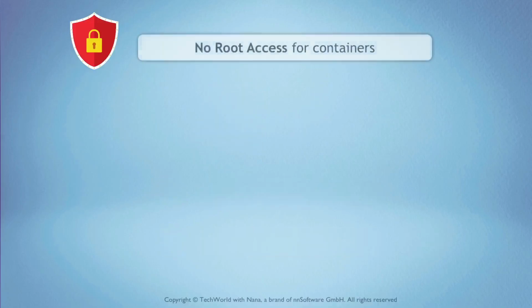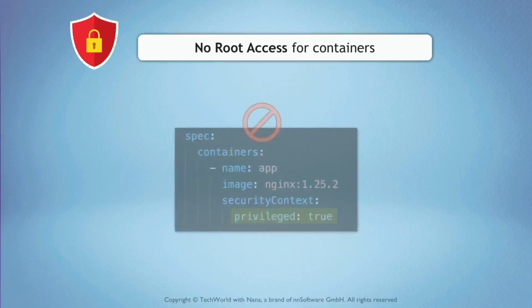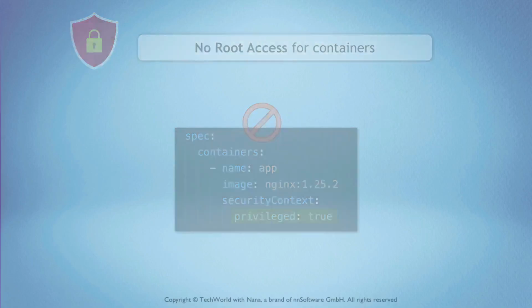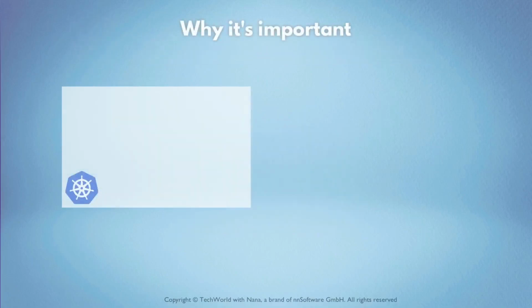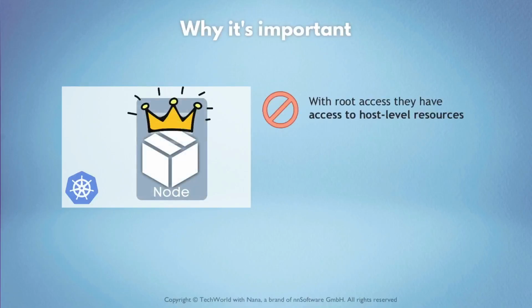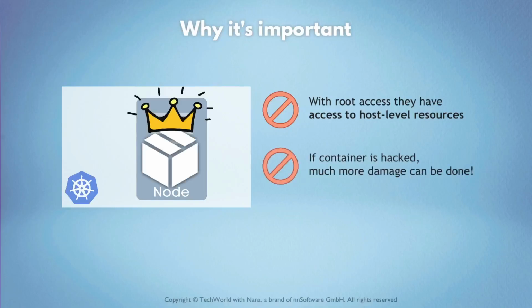Another security best practice is making sure that you don't have containers running in your cluster that have root access capabilities. This exposes security risk because a container with root access can access more resources and do much more on the host where it's running. And that means if the container has a bug or security issue or someone hacks into it, they can do much more damage to the node, the server where the container is running, with its root privileged access.